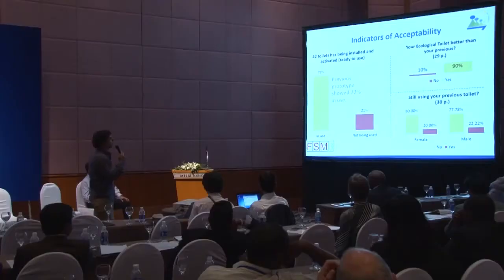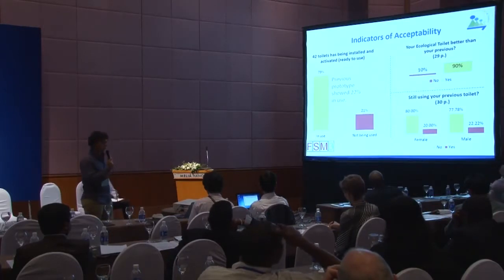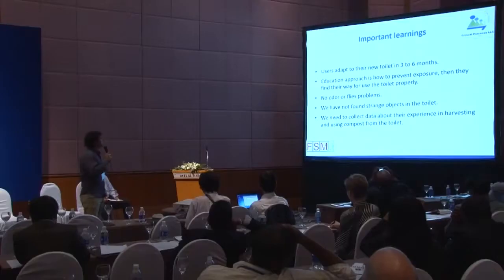Also, we asked them if they like their ecological toilet better than the previous one, and 91% said yes. We also asked them if they are still using the previous toilet or the pit latrine that they had, and 80% said no. Some important learning from the field.